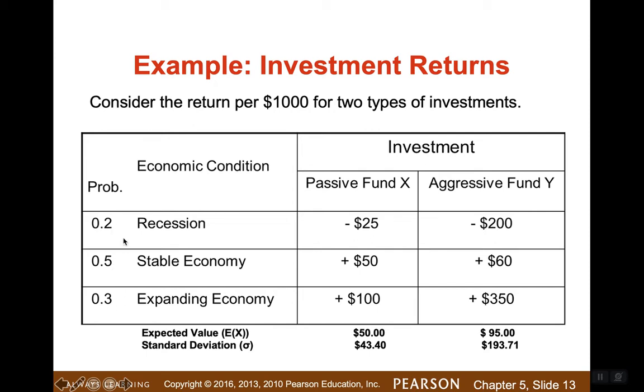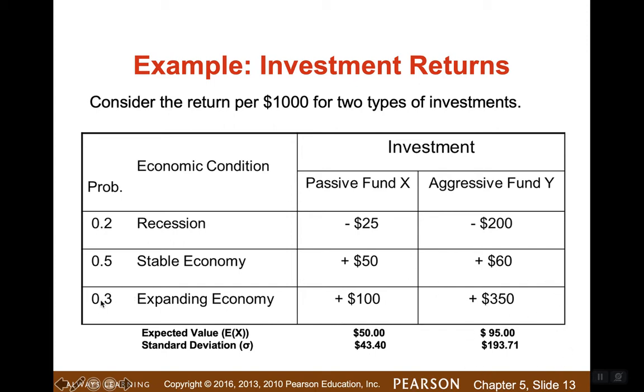It's really a matter of how strongly we feel that this is an accurate representation, which will determine our choice. If we wanted to put it into the aggressive fund, we're saying right now it's 0.3. So what if the recession was 0.1 and the expanding economy was 0.4? Then I would feel more strongly that this would be a good choice.